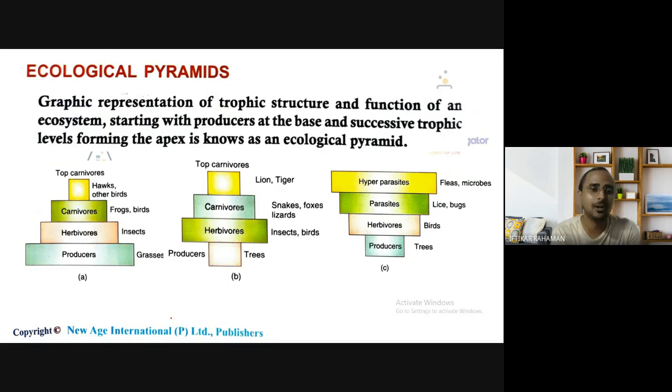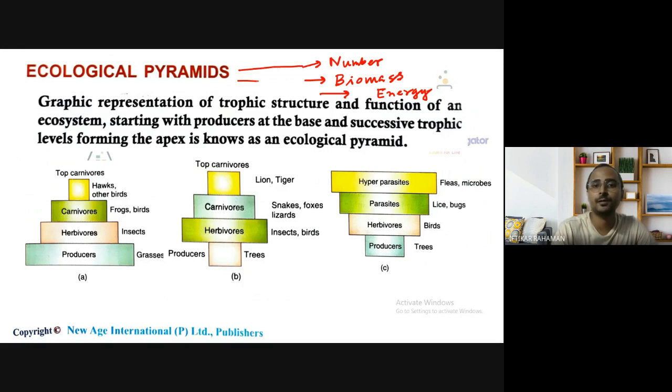The second type is the pyramid of biomass. One is number, another one is biomass, and the third one is energy. Pyramid of biomass, pyramid of number, pyramid of energy. There are three types of ecological pyramids.